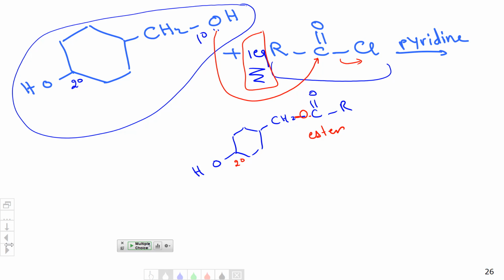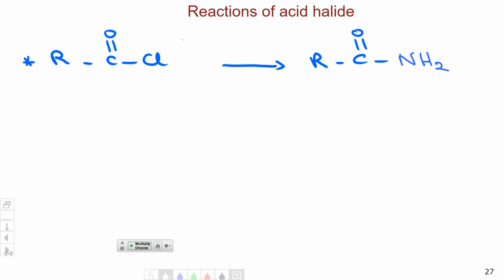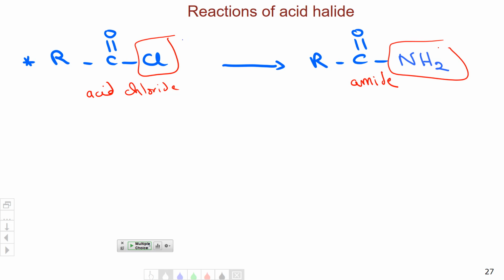Now, the last reaction to prepare the last acid derivative is the reaction to form an amide. So we're starting again with an acid chloride, ending up with an amide. The Cl is replaced by NH2, so I'm going to add NH3 with pyridine.